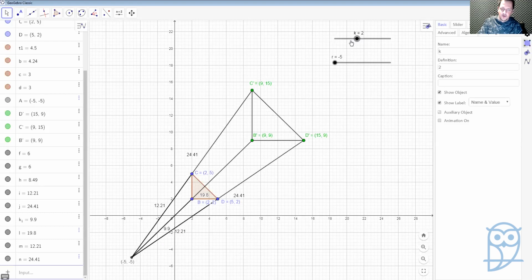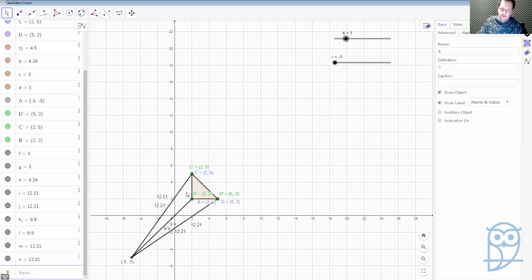And amazingly, all of this comes from just one base triangle. So if we change this triangle, everything will change. And if you change your center of enlargement, everything is going to change. And if you change your enlargement scale factor, everything's going to change.